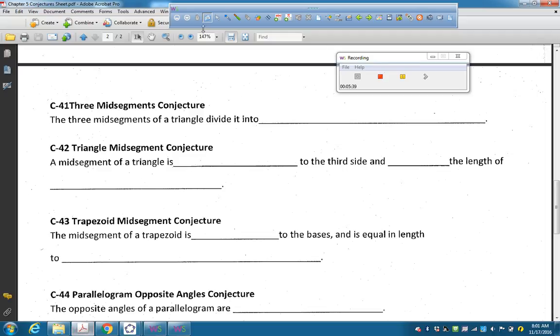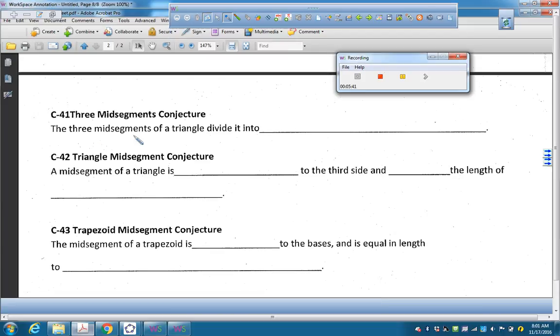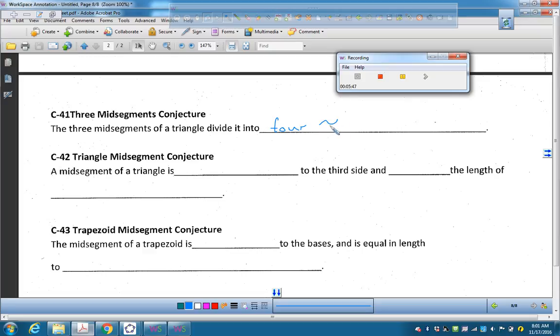the three mid-segments of a triangle divided into four congruent triangles. Okay. And then on this conjecture, C42, a mid-segment of a triangle is blank to the third side. What goes there?